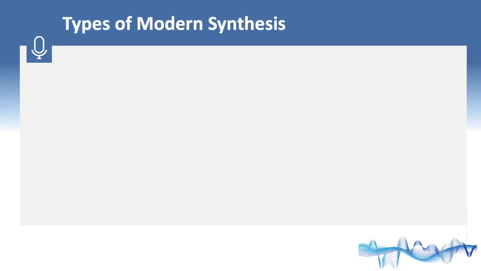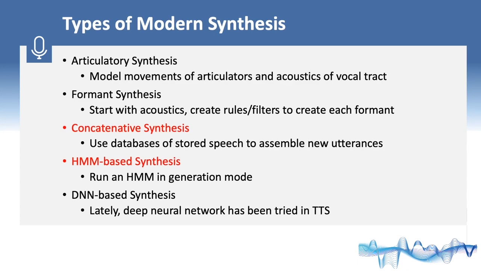This session will introduce the other two types of modern synthesis methods and the evaluation metrics in speech synthesis. The two primary technologies generating synthesized speech waveforms are concatenative synthesis and formant synthesis.